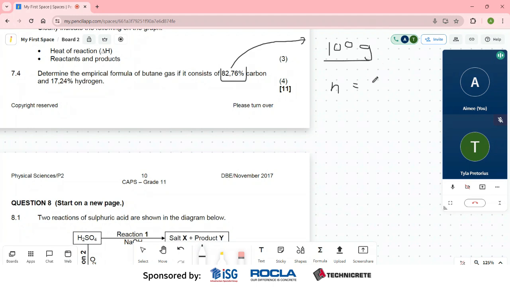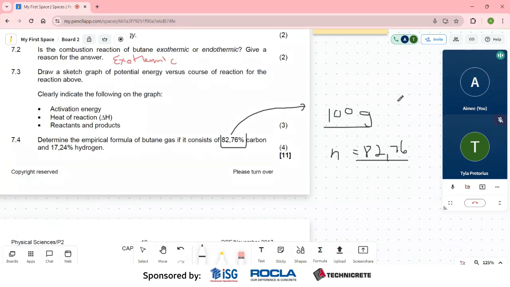So then we say, our mass, according to our assumption of carbon, is 82.76 divided by my molar mass or my big M value. Because remember, this is the formula we're using, small m over big M. And big M we get from the periodic table. The relative atomic mass number of carbon is 12.